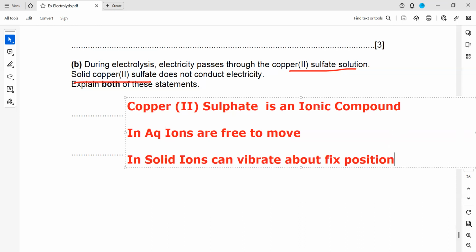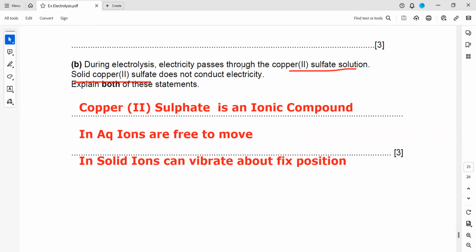So copper sulfate is an ionic compound. In aqueous, ions are free to move, but in solid, ions can only vibrate about fixed positions. That's why in solid it cannot conduct electricity, but in aqueous it can conduct electricity. Is this one clear?